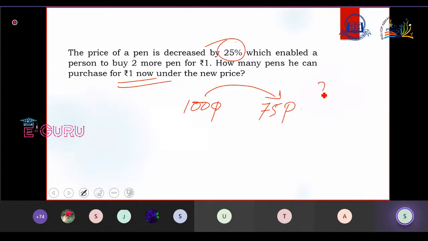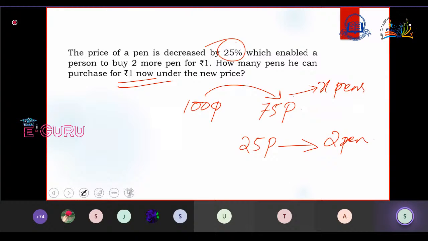Okay, so if you went for purchasing X number of pens with 100 paisa, now for getting X pens you need only 75 paisa. So with the amount you saved, you are able to buy additional 2 more pens, right? The amount saved is 25 paisa. So with 25 paisa now you are able to buy 2 pens.